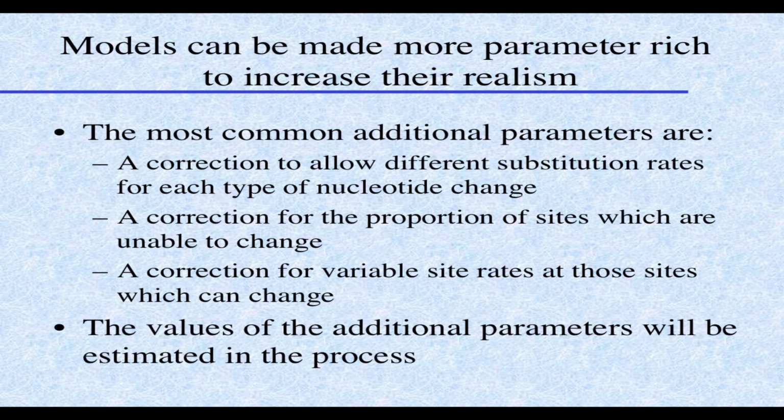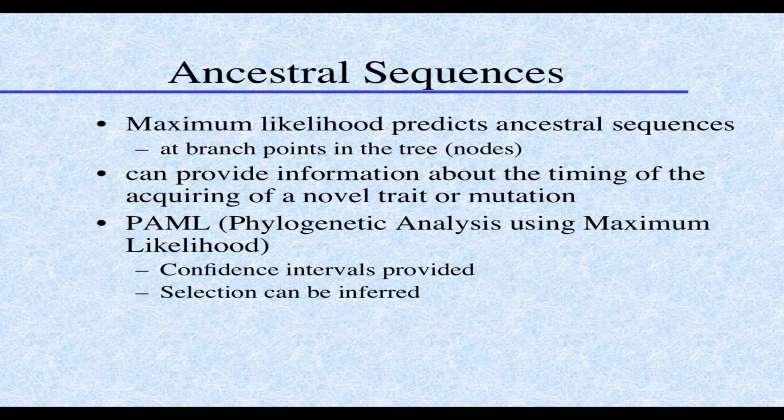A correction for the proportion of sites which are unable to change. A correction for variable site rates at those sites which can change. And you can estimate these parameters from the data using fairly complex and sophisticated methods. That's all I'm going to say about that.